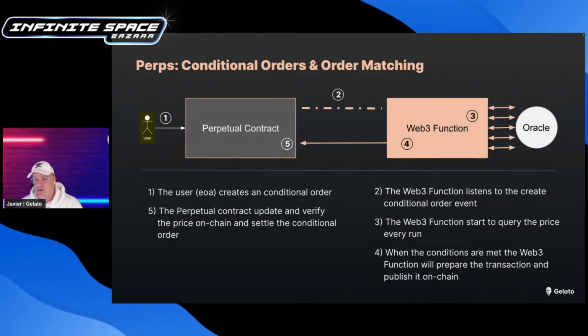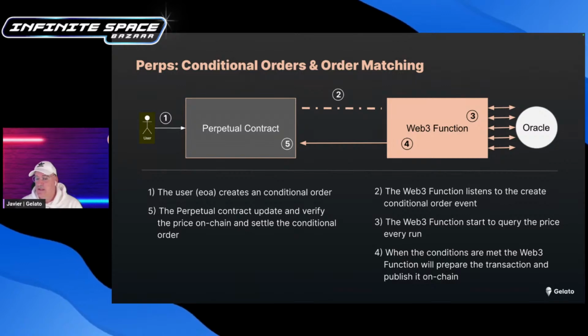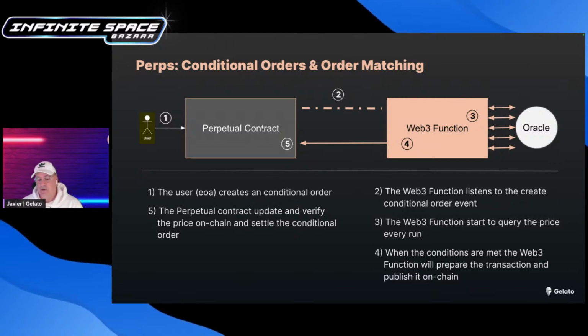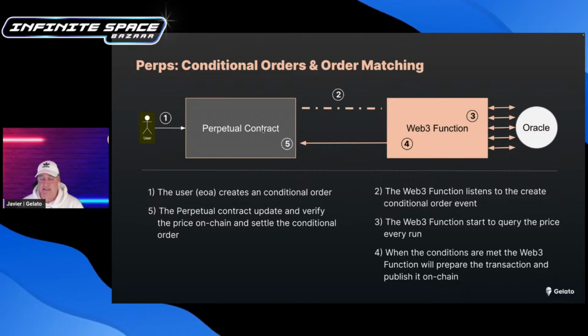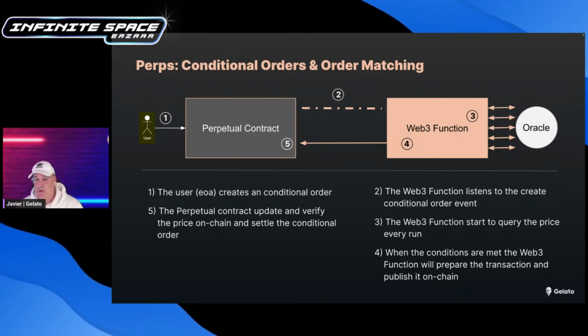Here, this Web3 function is not only triggering when an event happens; it is constantly, at a 5 seconds or 2 seconds interval, querying the events from this perpetual contract. If it finds events that match the conditional order method, it will store them in the Web3 function storage, which we didn't use before.